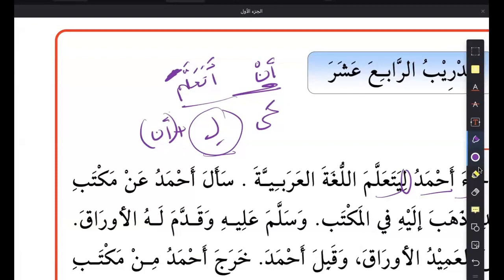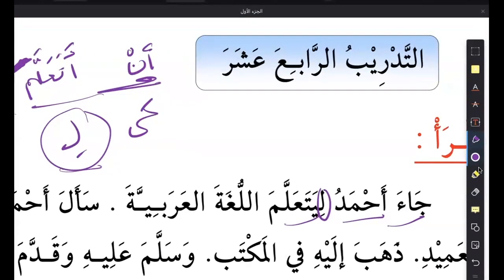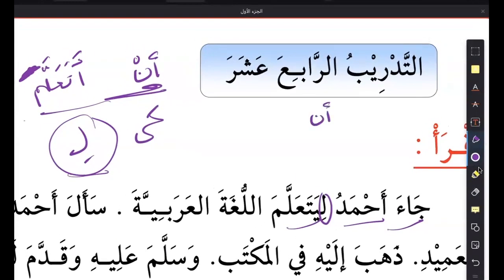But I think this would be way too complex right now, so I'll just avoid them. So instead, I'll just say a few of the tools, a few of the harf that we got. We had an. We got kai also, and then harful jar li. I don't know if we got anything else.